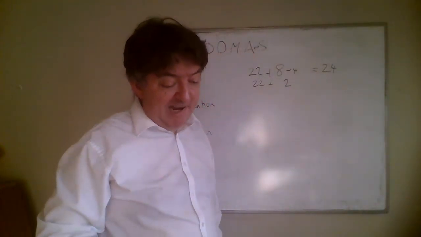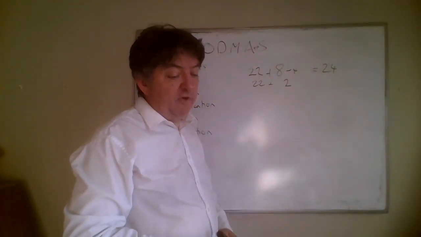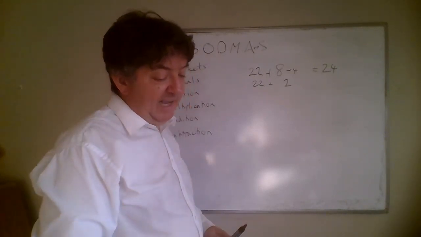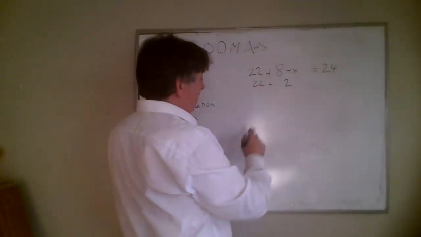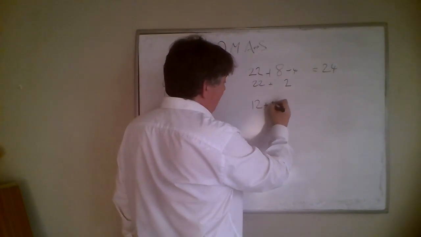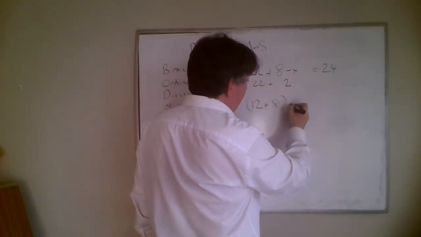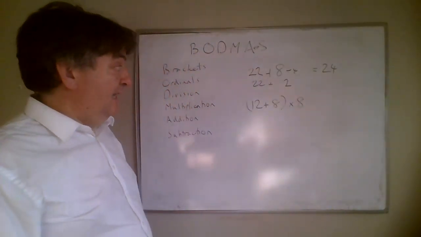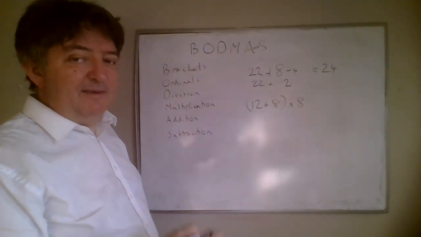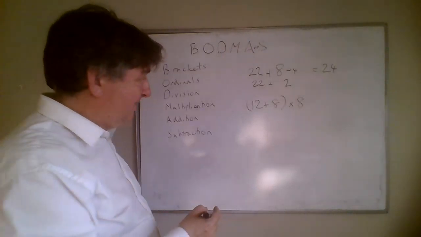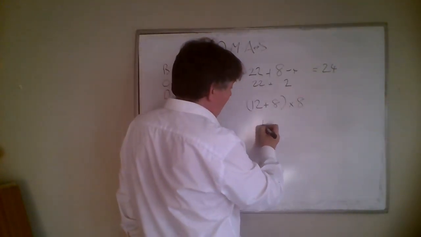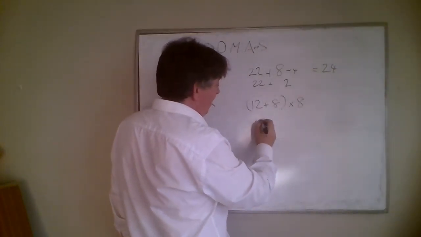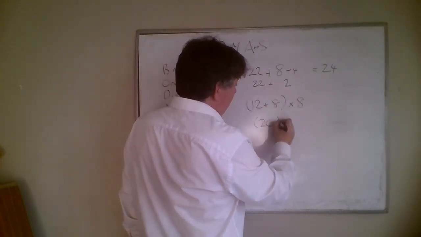So let's do brackets. So let's do 12 plus 8, in brackets, times 8. Okay, so in this case, because the addition is in brackets, we do it first. So that is 12 plus 8, 20.